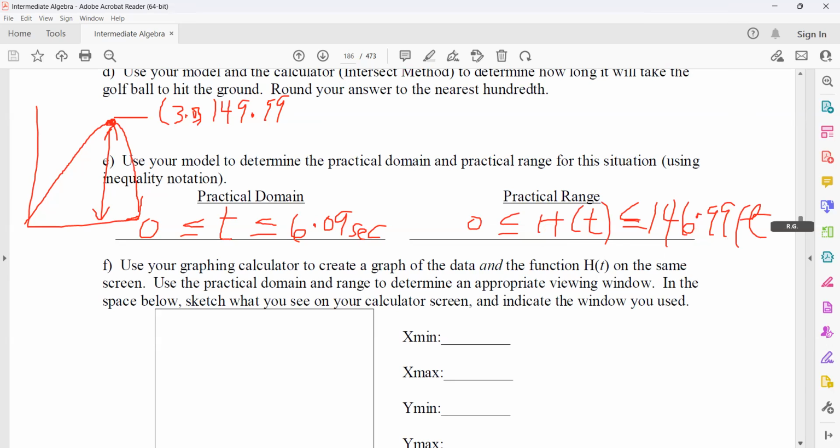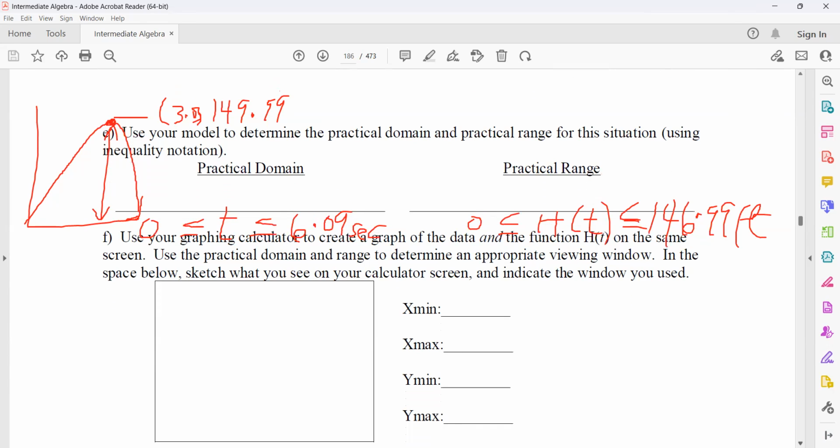We have this. And now you draw your graph and then you label the points. So I would do 0 to 150, and then I have 10 here, and then you label your points.